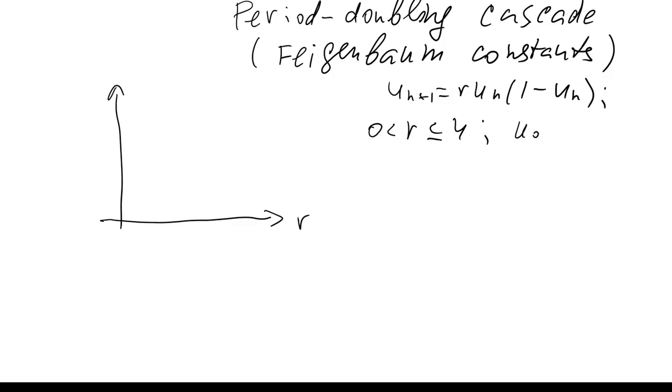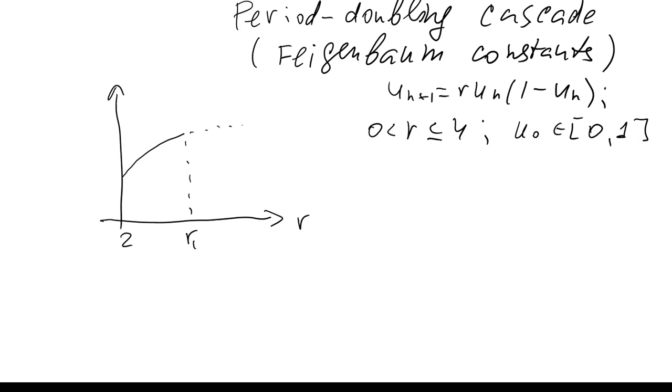u naught is in the domain from 0 to 1. So for example, here R is 2, we have U2, which is stable, then it becomes unstable at R equal to 3, we will call it R1.